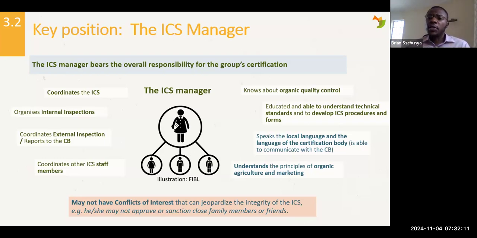And that will require somebody who has some level of education and is able to understand standards and, of course, also develop procedures, as I mentioned. That is why we put it in blue. There are other recommended ones, which are good to have. So, for example, if the ICS manager also speaks the local language, it's always good, so that they can communicate directly with members.